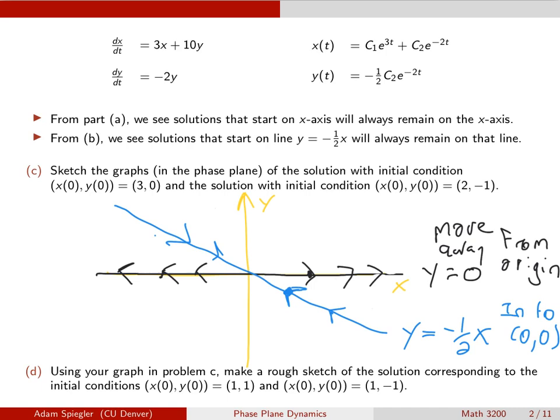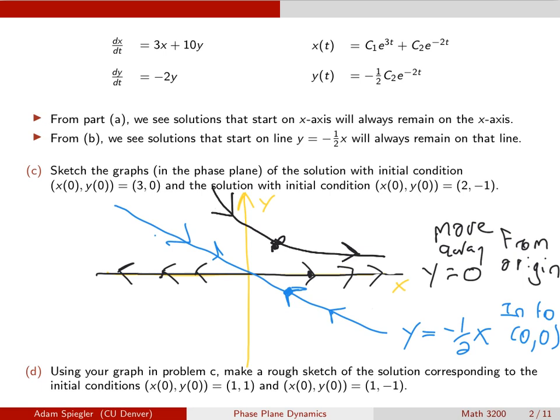So for example, if our initial condition was at (1, 1), someplace over here in the first quadrant, then these arrows are going to tell me what direction I need to move in. So this solution is going to head off in this direction. Excuse me, it's going to move down and to the right as time goes on.